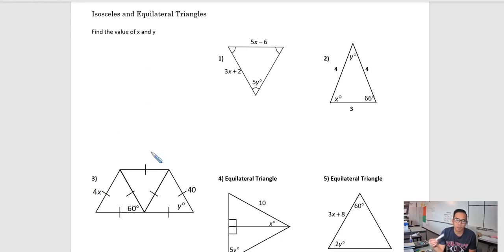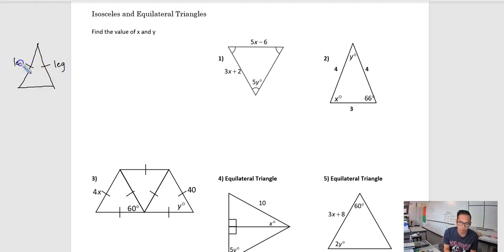All right, so an isosceles triangle has two congruent sides. If I draw a triangle here, when we say isosceles triangle, these two sides here are congruent, and we call these your legs.